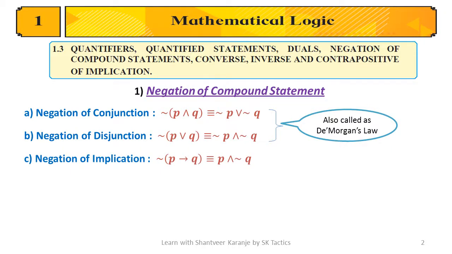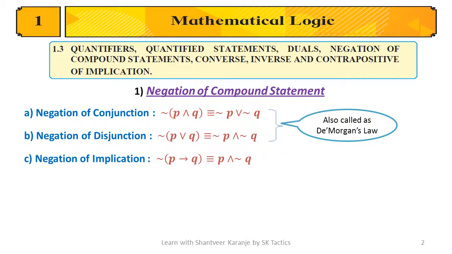Now, negation of implication: negation of (P implies Q) is equivalent to P and negation of Q.